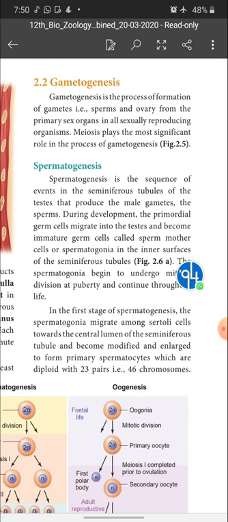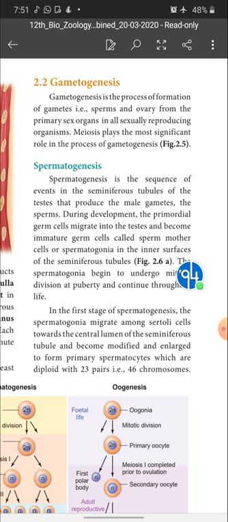In this topic, we are going to see how the sperms are developed through subsequent stages, and in oogenesis how the ova are developed. The difference between spermatogenesis and oogenesis you can find from the diagram itself, okay children.